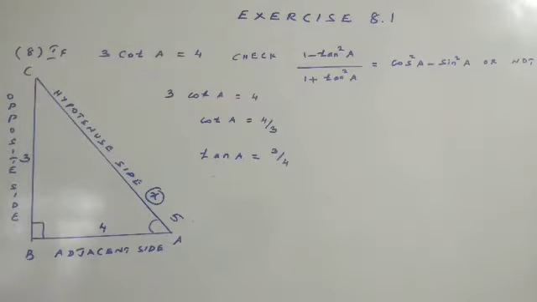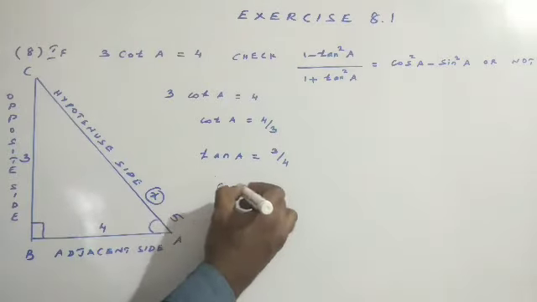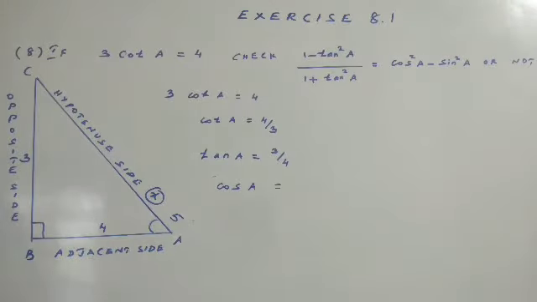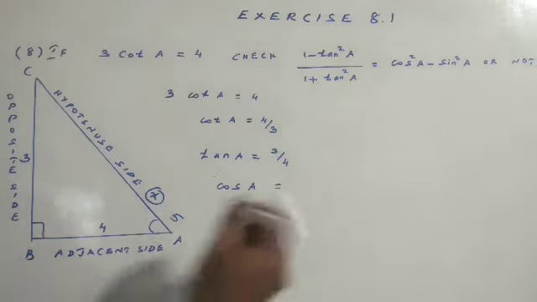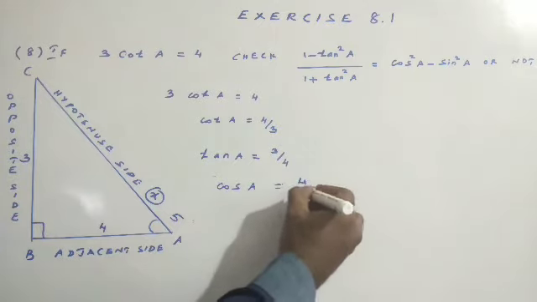From this diagram we can easily find the value of cos A. We know that cos theta equals adjacent side by hypotenuse side. So here cos A, that is adjacent side is 4, hypotenuse side is 5.